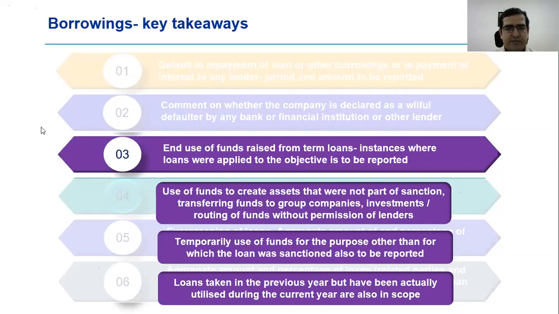So let me take an example to illustrate what is acceptable. Let's say that the documentation, or the sanction letter and the agreement, says that the loan will be used to purchase machinery which manufactures or helps manufacture tires.